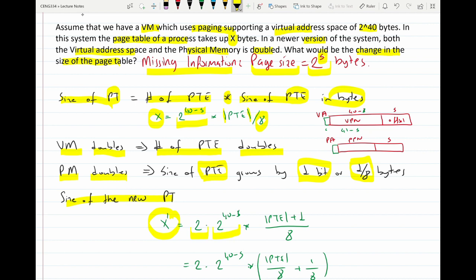I multiplied it by 2 because the VM was doubled. And then I multiply this with the size of the page table entry. So it's effectively the size of the page table entry in terms of bits, plus 1, divided by 8.